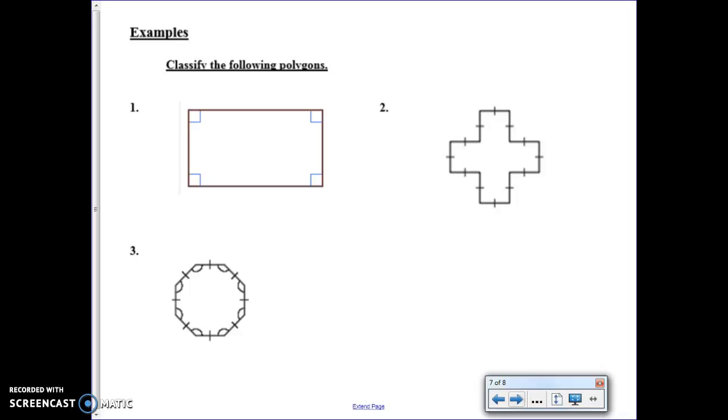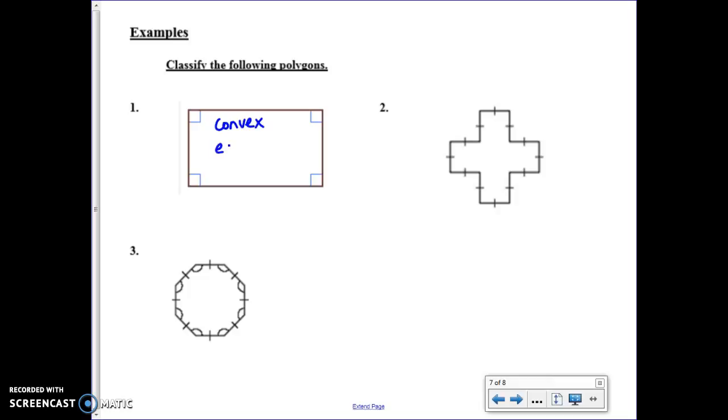Okay, so we're going to classify these polygons. First we're going to decide, is it convex or concave? Then we're going to decide, is it equilateral, equiangular, or regular? And then we're going to name it by the number of sides that it has. So this first one, I notice that nothing is caving in. So this is going to be convex. I see these 4 angle markings that tell me that all 4 angles are the same.